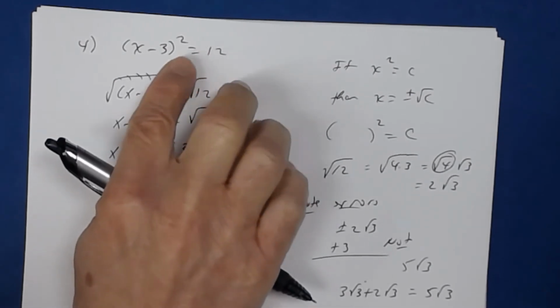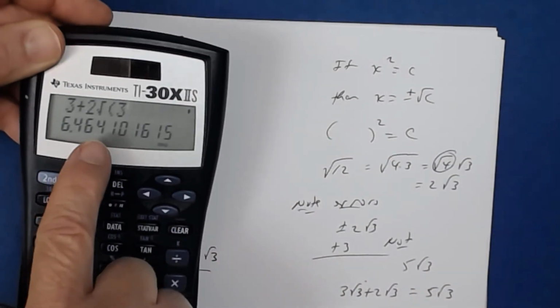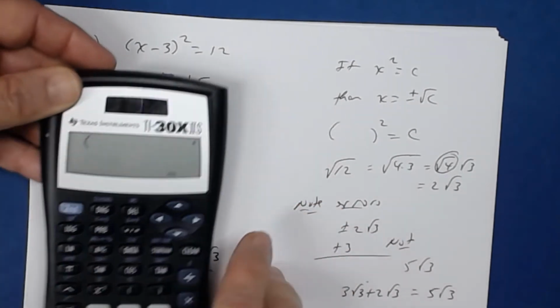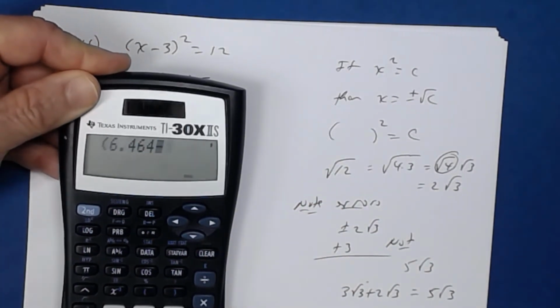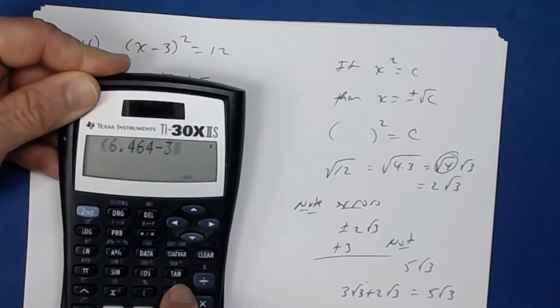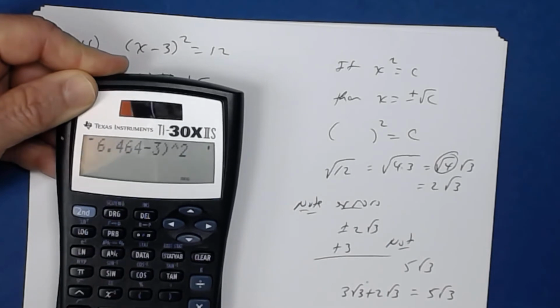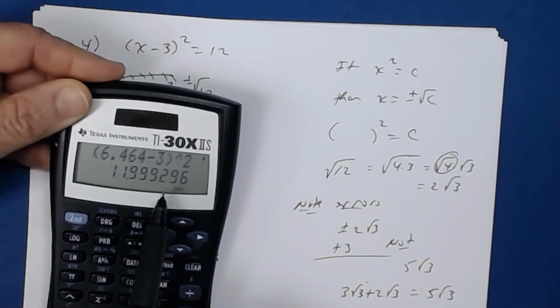It won't be exactly equal, it'll be approximately equal because I'm rounding off. So parentheses, 6.464 minus 3, close the parentheses, I'm squaring that, and then let's press equal. Hopefully it's very close to 12. And it is, 11.999, and so on.